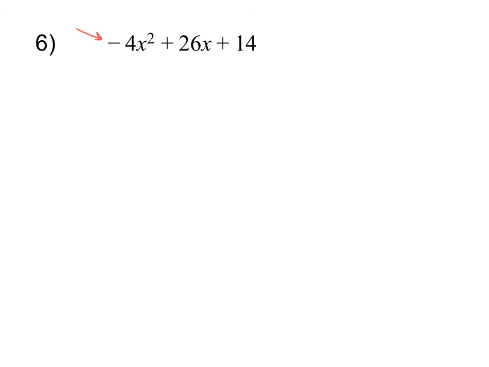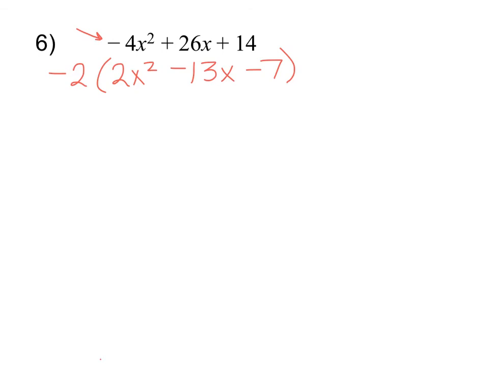And looking at those numbers 4, 26, and 14, I could divide all of those by 2, so that means I can factor out a negative 2, and then I'm going to be left with 2x squared minus 13x minus 7. So think of just dividing all of those terms by a negative 2, and that'll kind of help you.